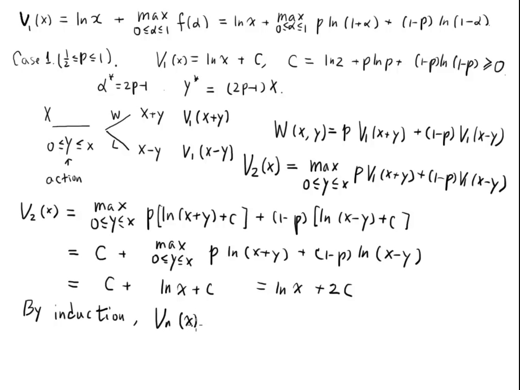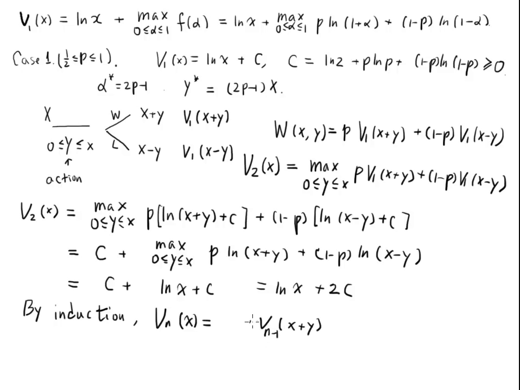We solved it, and perhaps we can write down the formula again, because it means we have n games to play, and then we have the following structure. First, we're going to play y again, the bet. If we win, we get x plus y, but then we have n minus 1 games to play.